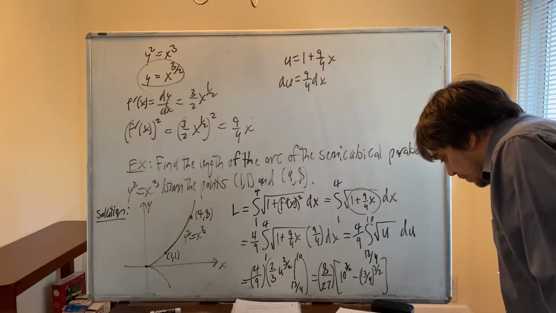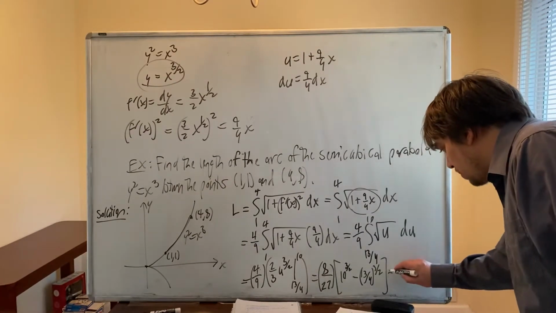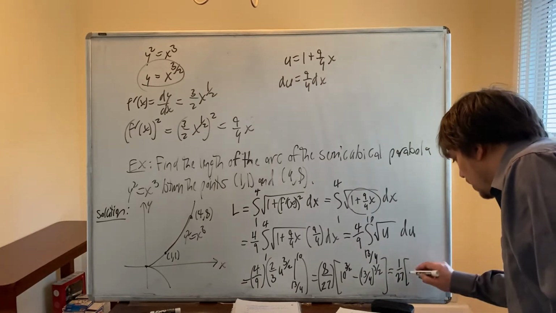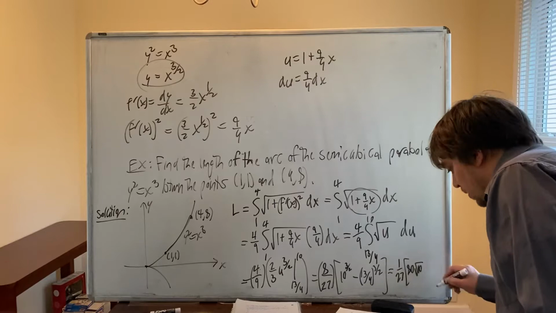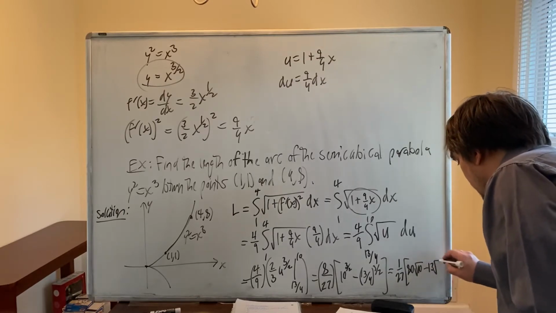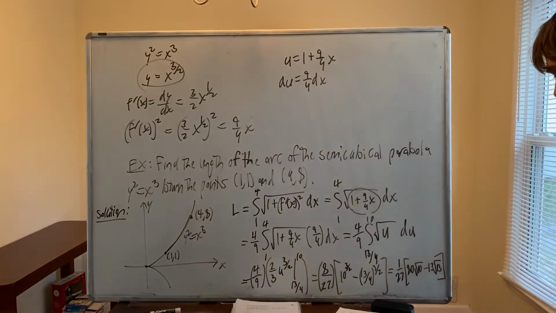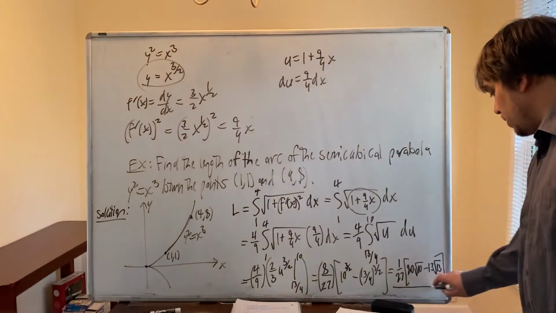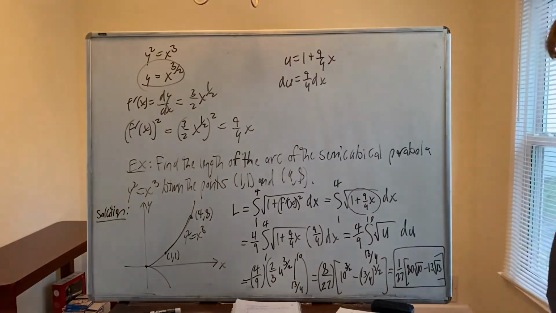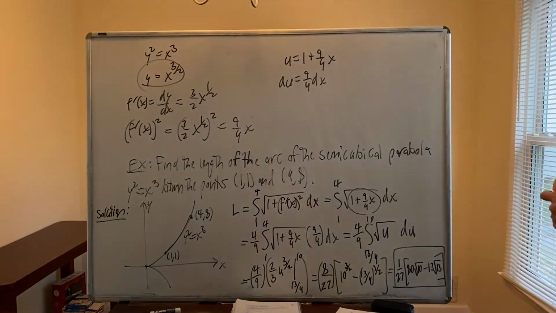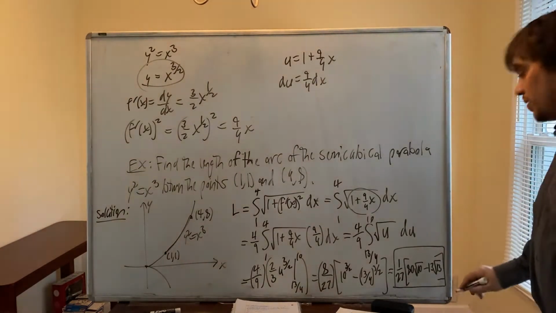And you can simplify this with some work as 1/27 times 80 times root 10 minus 13 times root 13, if you like that more. All right, so there's the answer, and that is the answer to that example.